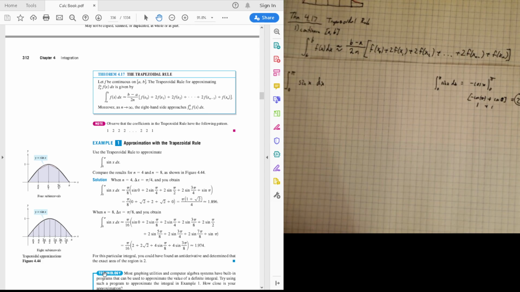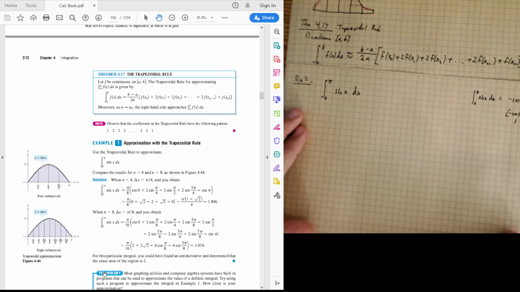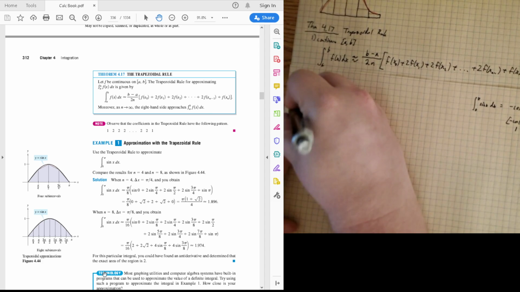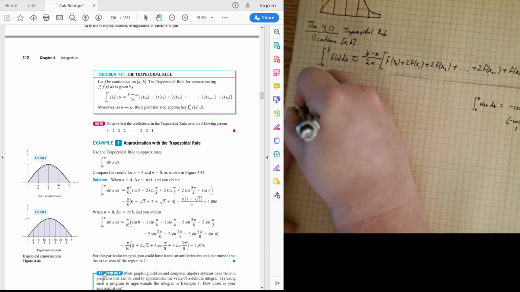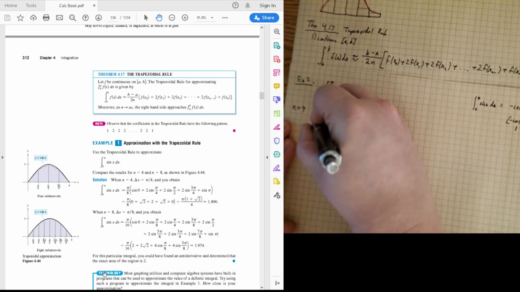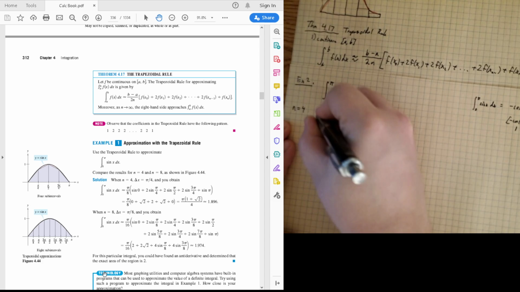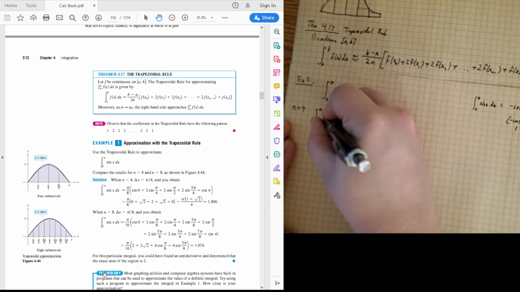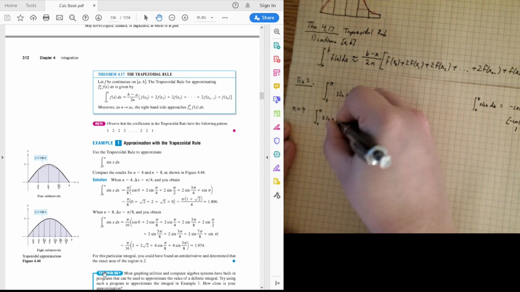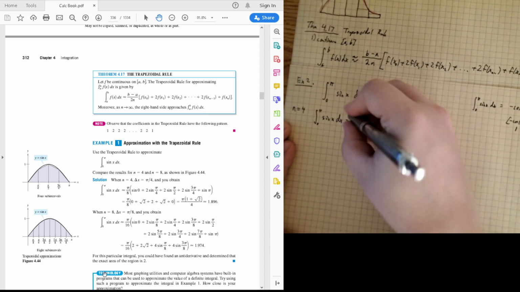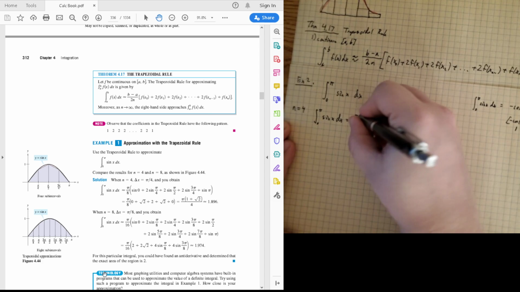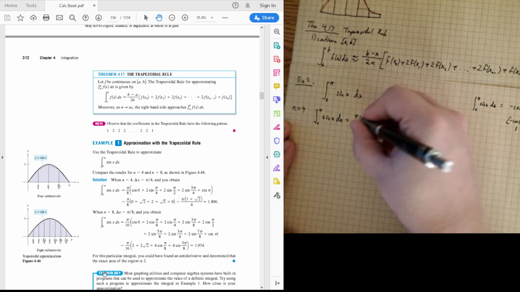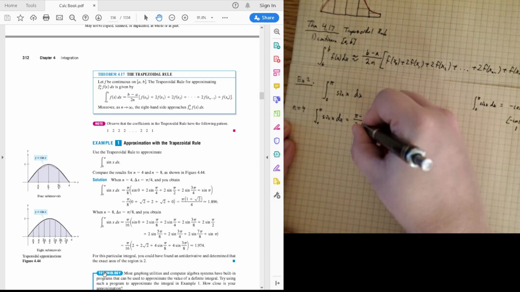You can see here in a moment, if you look in the text ahead, that it does very quickly. So let's look at 4 and 8. First example, let's do n equals 4. We do the integral from 0 to pi of sine of x dx. We do b minus a over 2n, so pi minus 0 over 2 times 4.